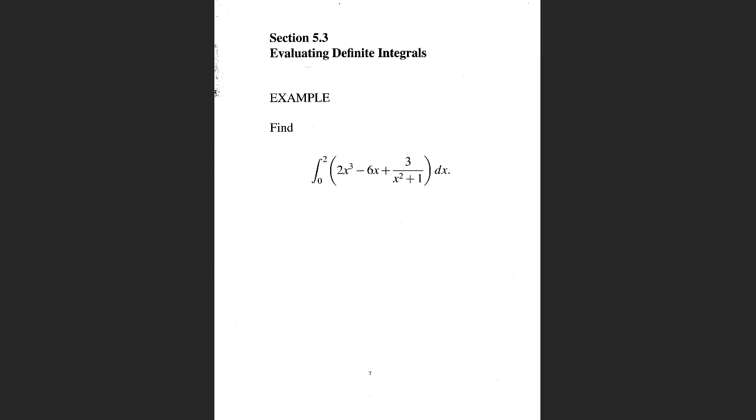But sometimes it's helpful, like here where I have a definite integral with three functions involved, to use the properties of integrals, which apply to definite integrals, because a definite integral is an integral. It's helpful to apply the properties to make life a little easier. So let's go ahead to the solution here.